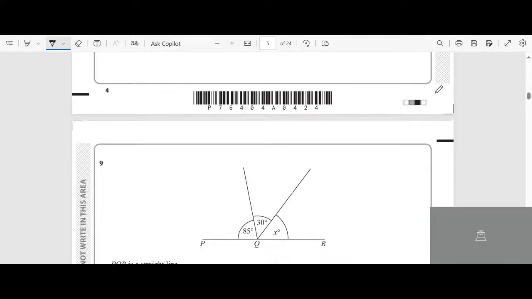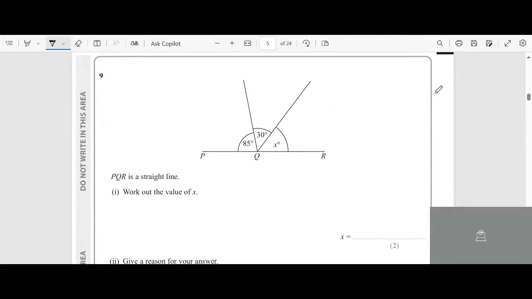Then we can proceed to question 9. You can see the diagram. Remember, it has not been drawn to scale one way or the other. You're told to work out the angle. Because this is a straight line, we're going to use some properties of angles, where you're told that angles on a straight line add up to 180.